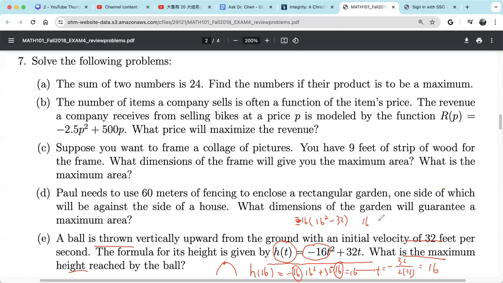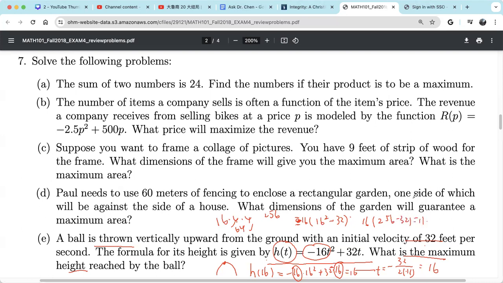Now we just have to evaluate 16 times 16 squared. What's 16 squared? 16 squared is 16 times 4 times 4. Right? 4 times 16 is 64. 64 times 4, so 256. So 256 minus 32.